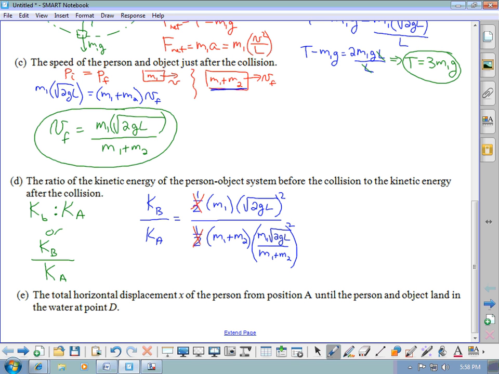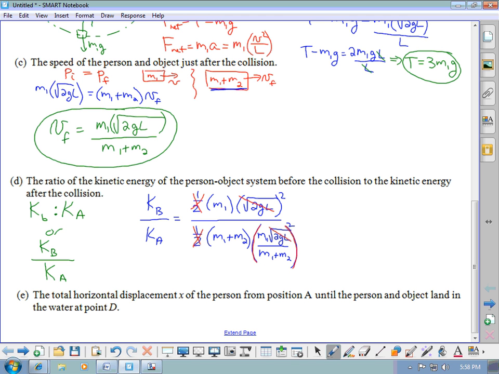When I square the square root of 2GL, I get 2GL in the numerator and the denominator. So those divide out. And an important thing is, in parentheses here, I have this whole thing squared.